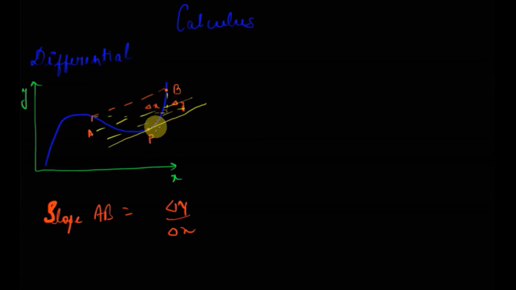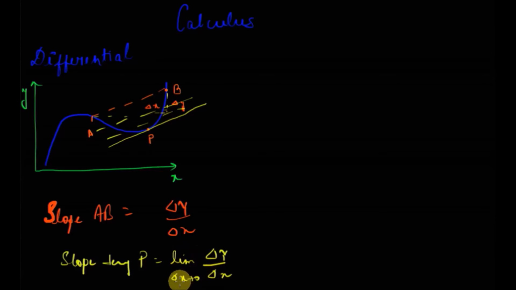So the slope of the tangent at point P will again be delta y by delta x, such that delta x is converging to 0. In mathematics we write it as limit of delta y by delta x such that delta x converges to 0.